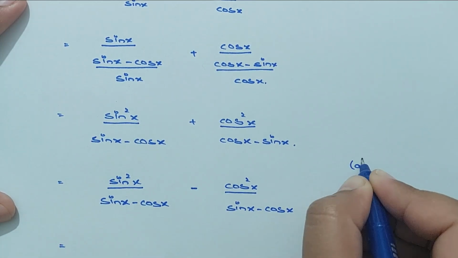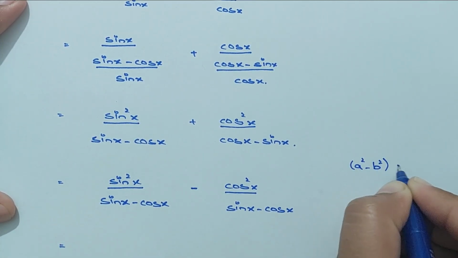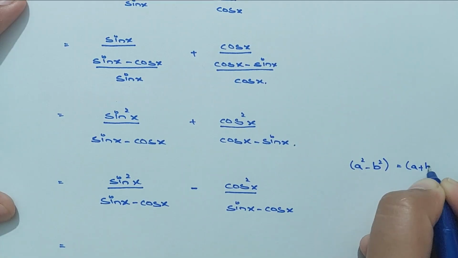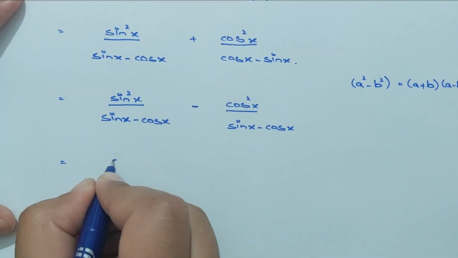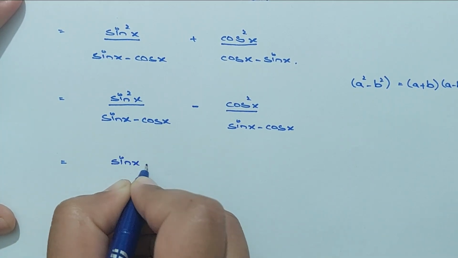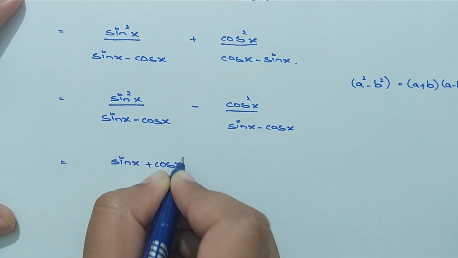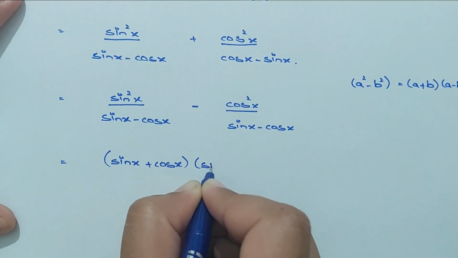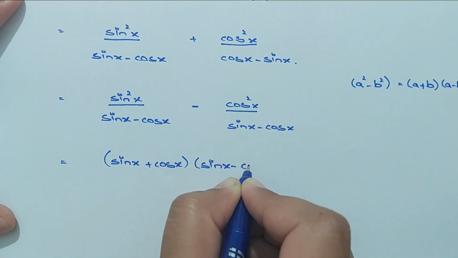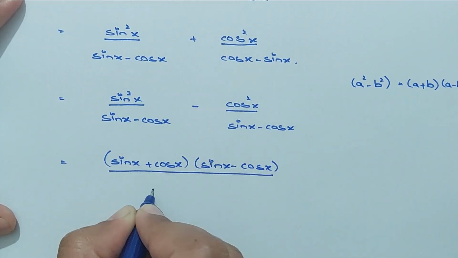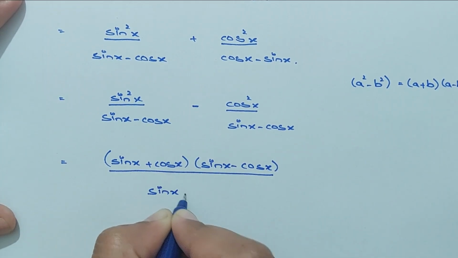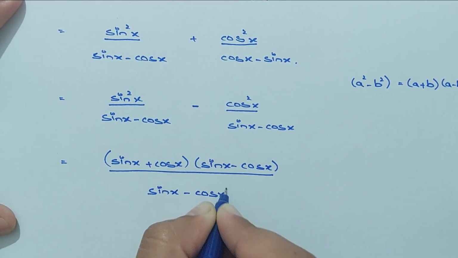We are using a square minus b square, which is a plus b and a minus b, the two factors. Sin squared x minus cos squared x, we can say sin x plus cos x into sin x minus cos x, and the denominator is the same, which is sin x minus cos x, right?